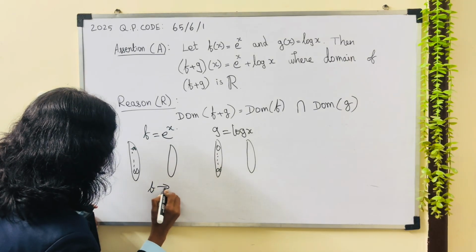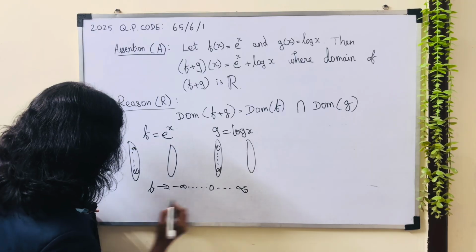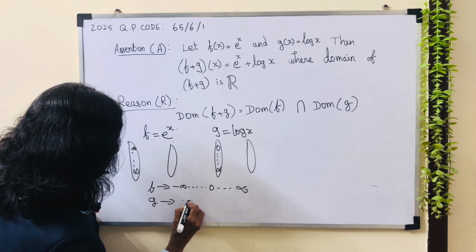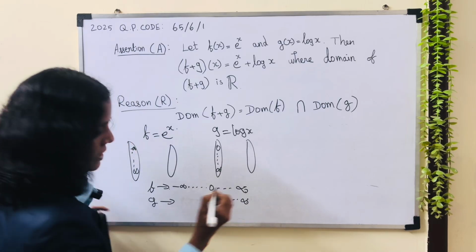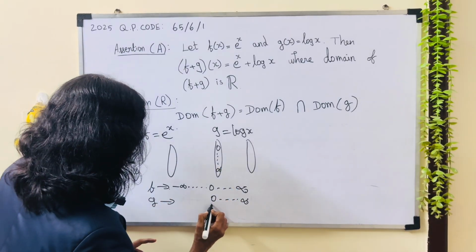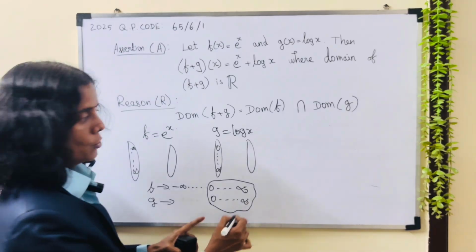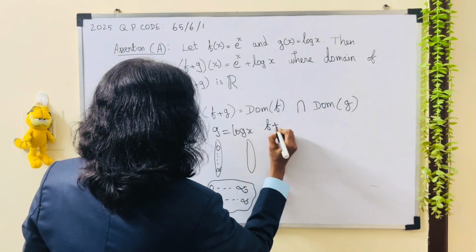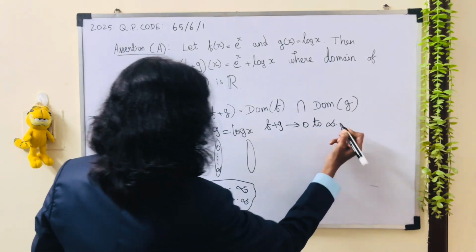For f it is minus infinity to infinity, and for g that is 0 to infinity. So for f plus g, the common domain is 0 to infinity.